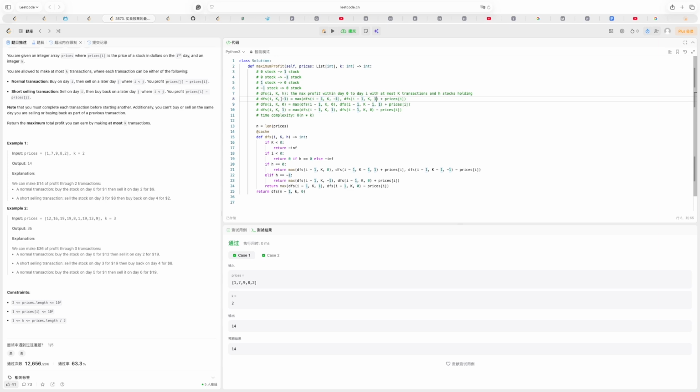And for -1 we will be coming from 0. That will be selling one stock. And for 0, there is another state that is buying back the stock. That means we finished one transaction. So it will be -1 buying back.